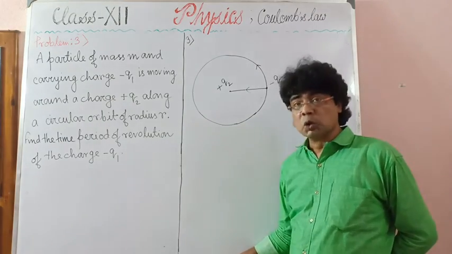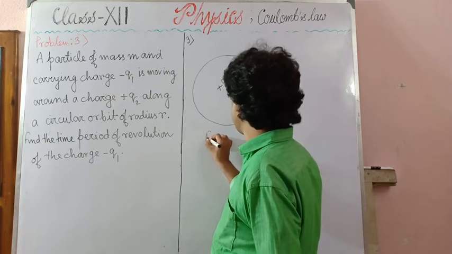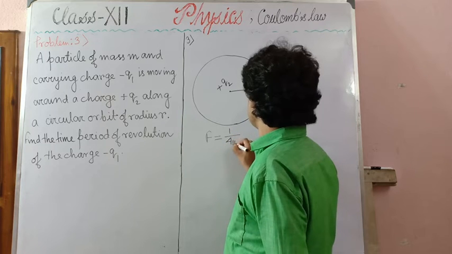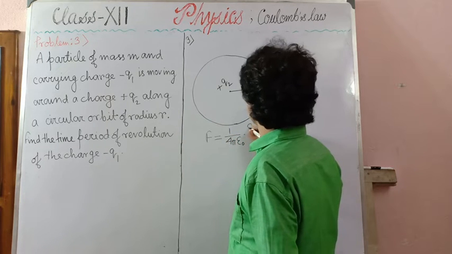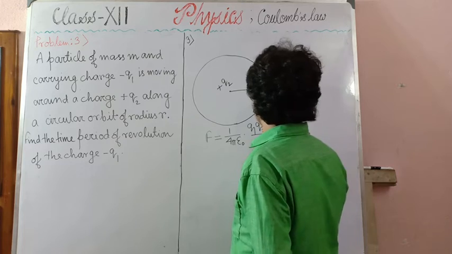The magnitude of electrostatic force of attraction F equals 1 by 4 pi epsilon 0 q1 q2 by r square.